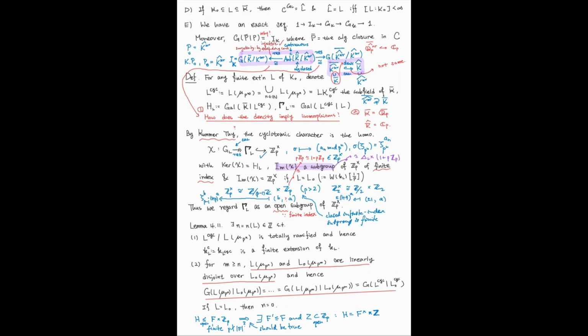But maybe we can actually, let's see. So the Galois group of K bar over K_R. That is isomorphic to I_K. Right, this is known.